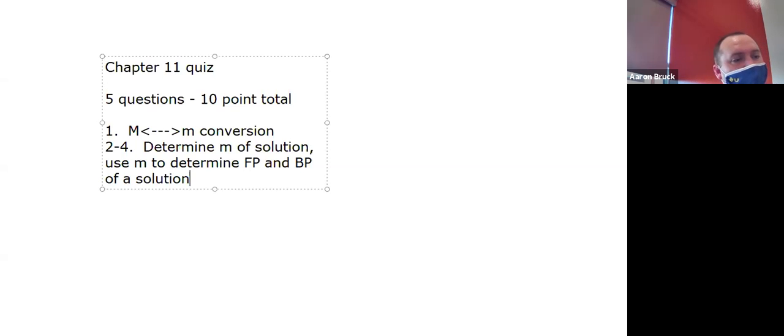Now, the important thing with this particular set of questions, especially the last 2, remember, the equation that you're given helps you to find the change in temperature. If we're actually determining the boiling point and the freezing point, we need to apply that change to the boiling point and to the freezing point.